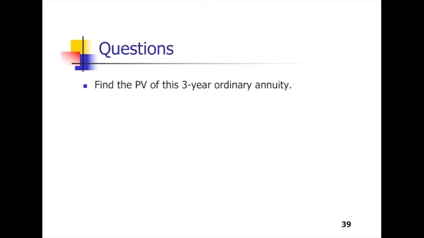This is the opposite example. Now we try to find the present value, and we compound semi-annually, right? So let's draw a timeline first. Zero, 1, 2, 3, but we compound semi-annually.